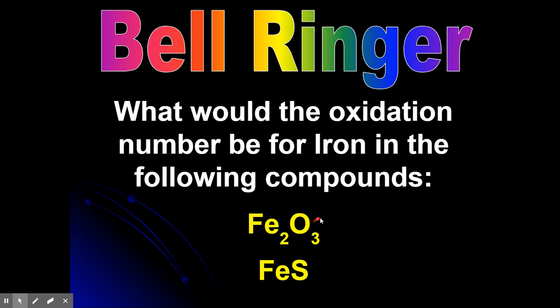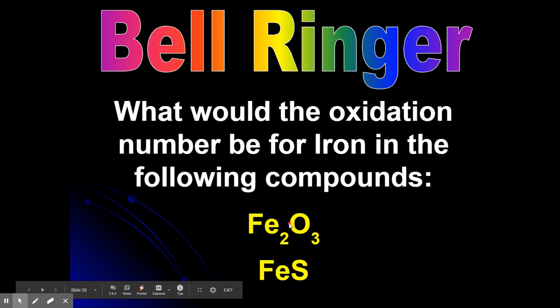And this 2 came from the oxygen, which is up here as a -2. All right, so the oxidation number for iron in this compound would be +3. Now remember, the name of this compound is iron, Roman numeral 3, oxide. Iron needs to have a Roman numeral in its name because it's a transition metal. So just trying to refresh you on all those rules.